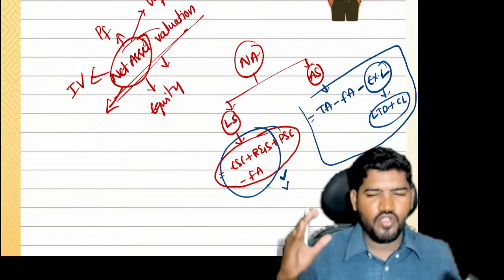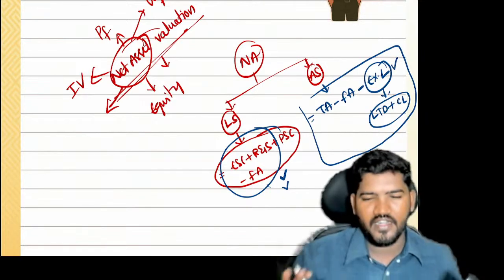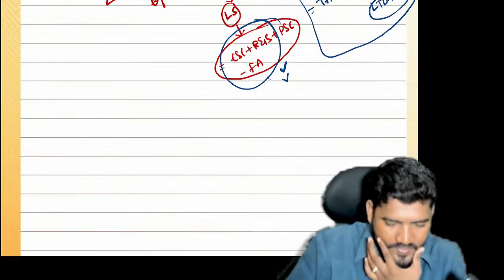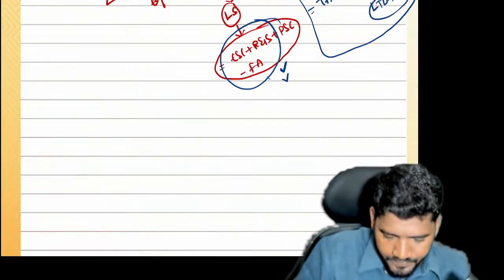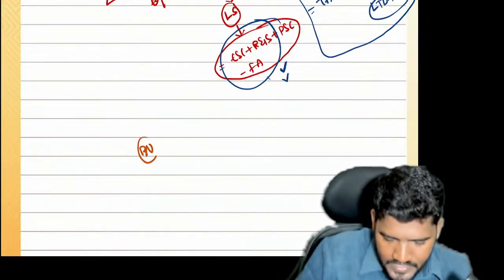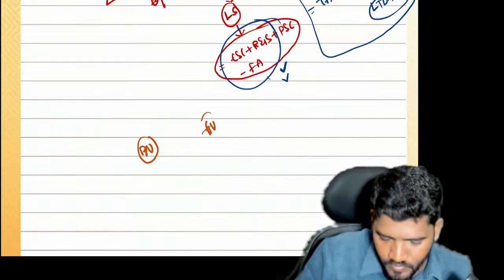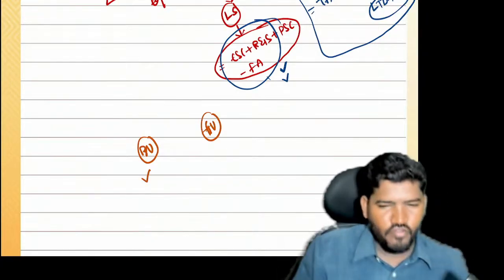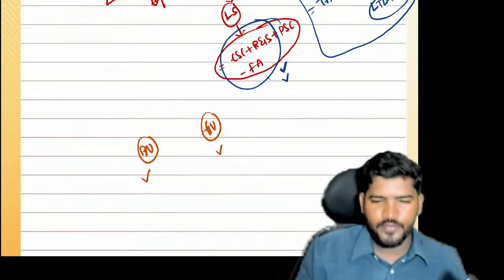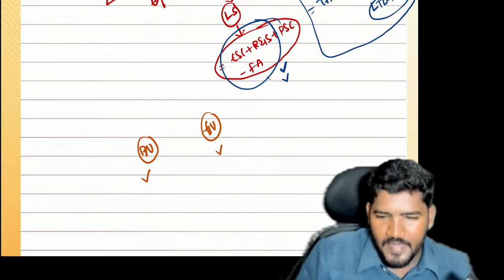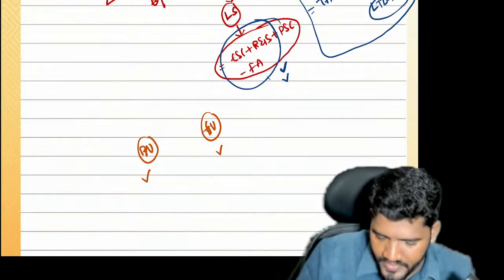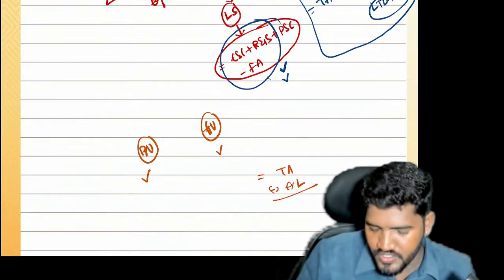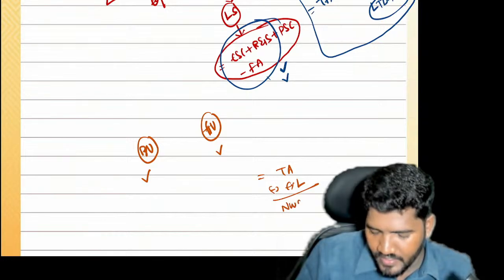On net total assets, you reduce external liability, and you will get the net assets. Guys, clear? But in our problems, they will give book values as well as fair values. So in case 1 they will ask book value, in case 2 they will ask fair value. At the time of fair value valuation, they follow a simple trick: total assets minus external liability given in the books, you will get the net worth or net assets.